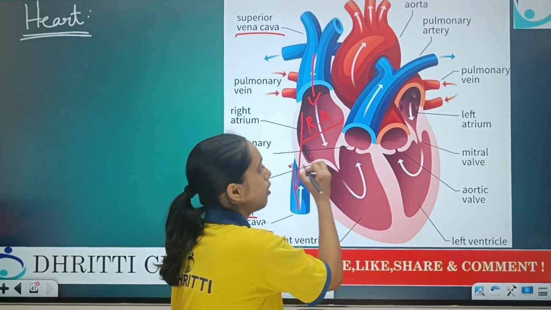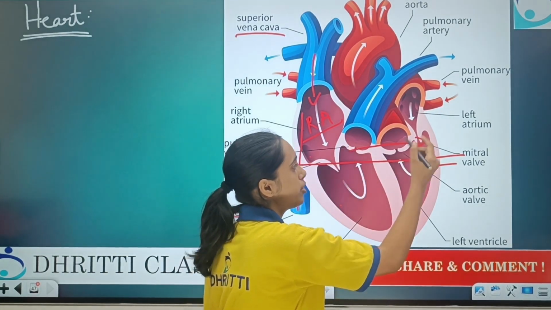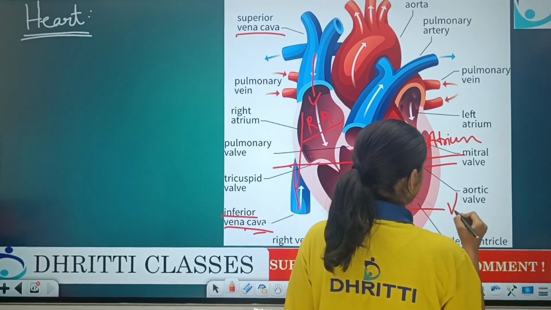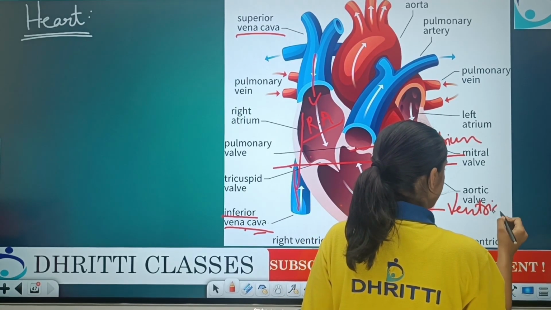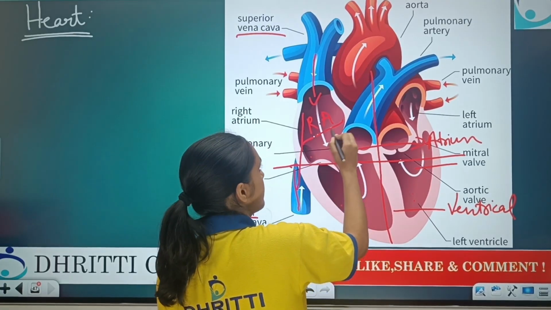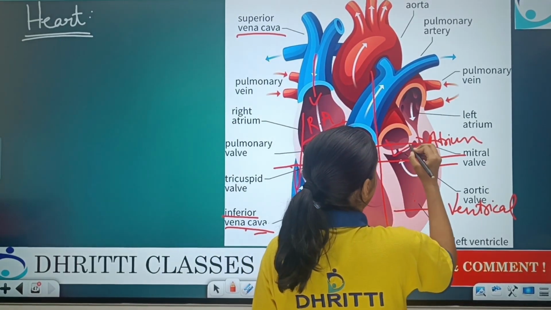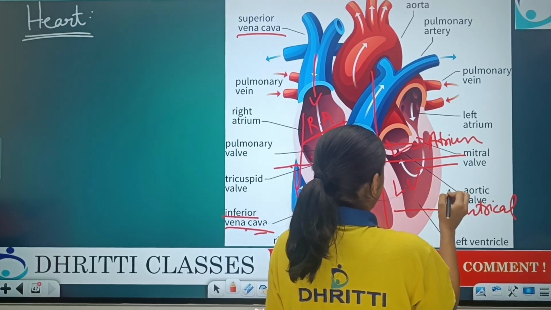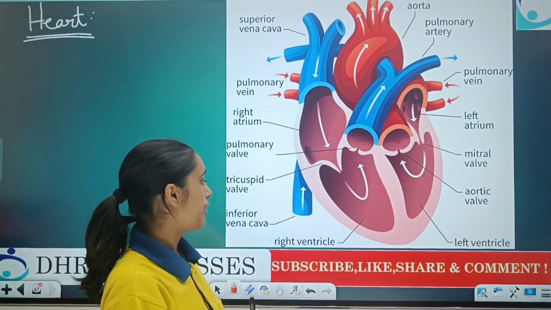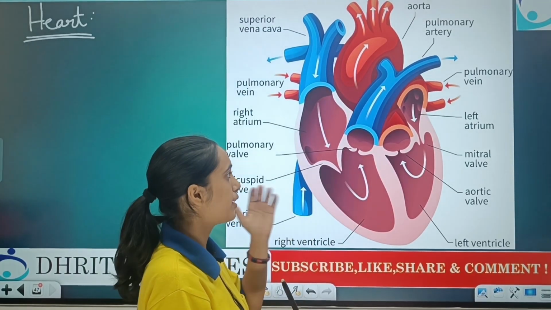If we divide the heart horizontally, the upper portion is known as the atrium and the lower portion is known as the ventricle. And if we divide it vertically also, this is termed the right atrium, this is the right ventricle, this is the left atrium, and this is the left ventricle. So these are the four chambers of the heart. The deoxygenated blood from the superior and inferior vena cava enters the right atrium, which is the first chamber of the heart.